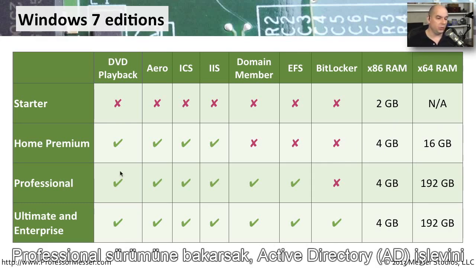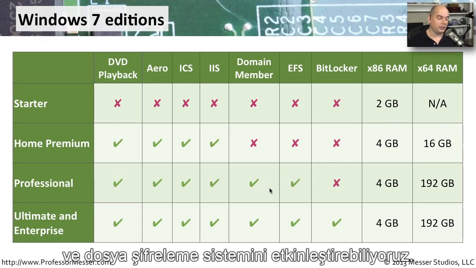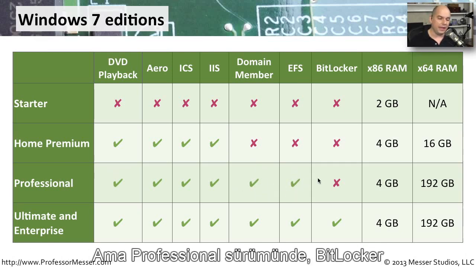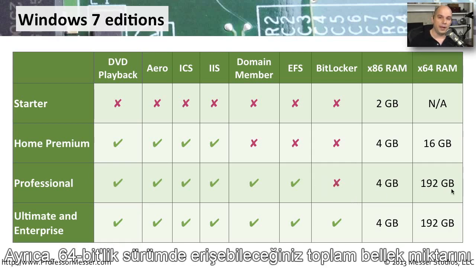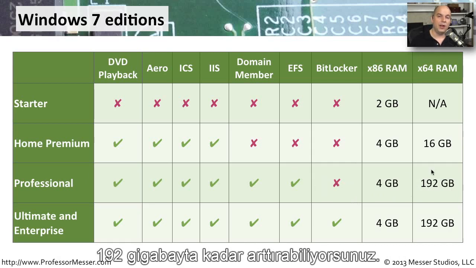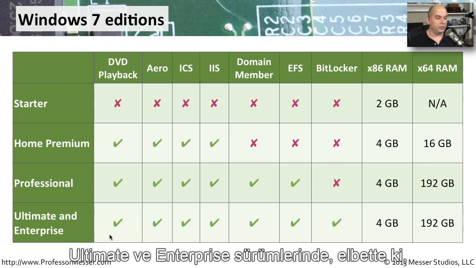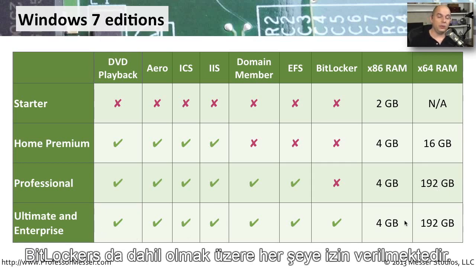If we look at Professional, we're enabling the Active Directory functionality and the encrypting file system, but you do not have that BitLocker volume level encryption on the Professional version. You're also increasing the total amount of memory that you can access on the 64-bit version up to 192 gigabytes. The Ultimate and Enterprise versions, of course, enable everything, including BitLocker.